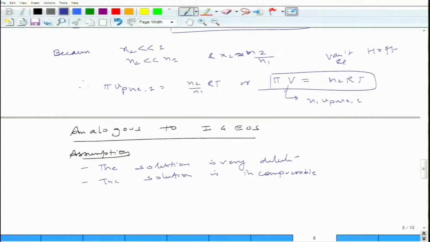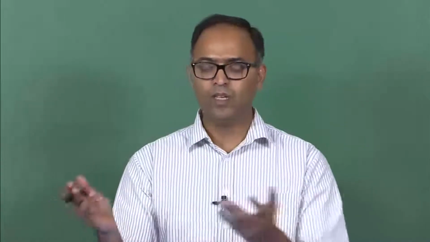So, if you look very carefully at this equation, if we measure pi, that means the pressure, you can measure the pressure on the left hand side of the membrane and on the right hand side of the membrane, take the difference and you get pi.